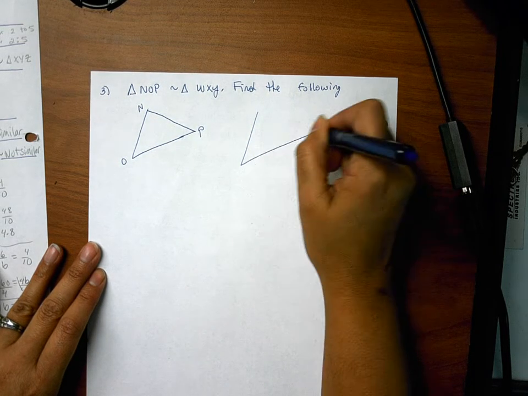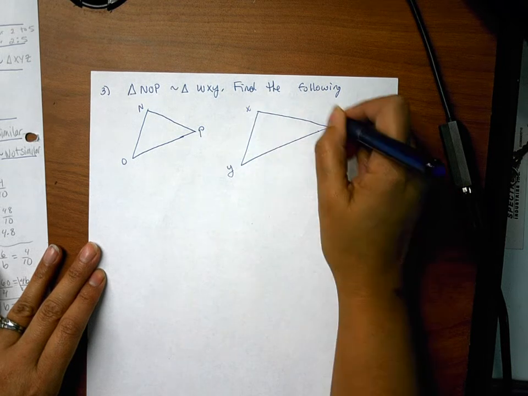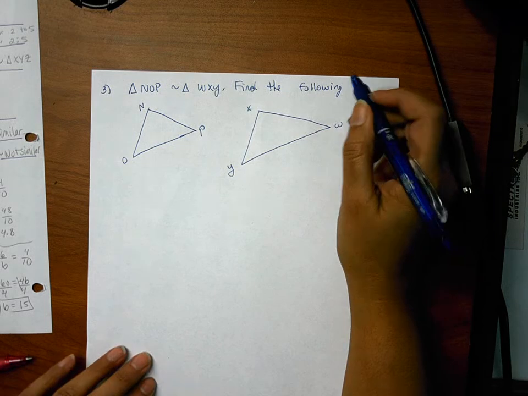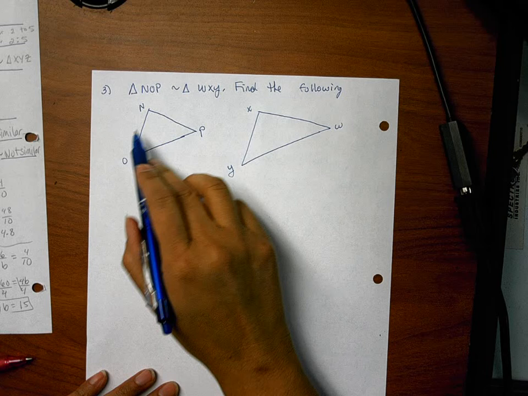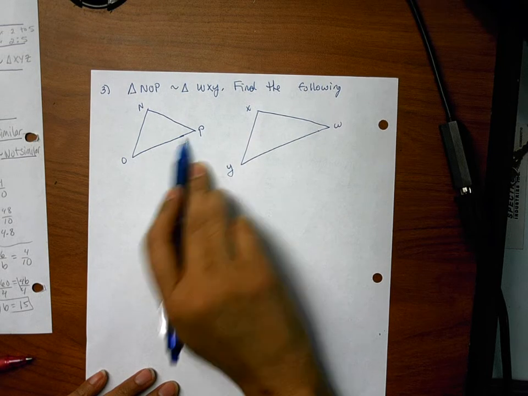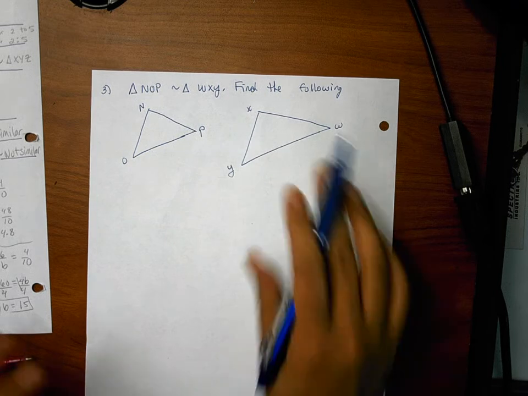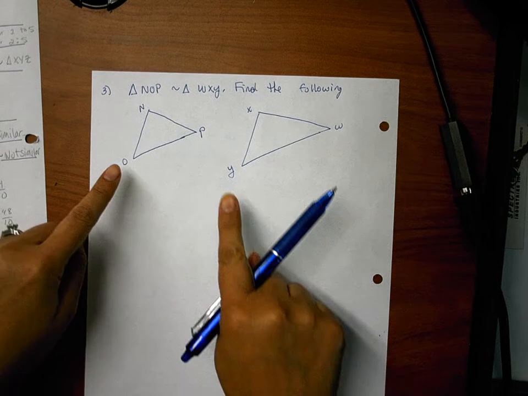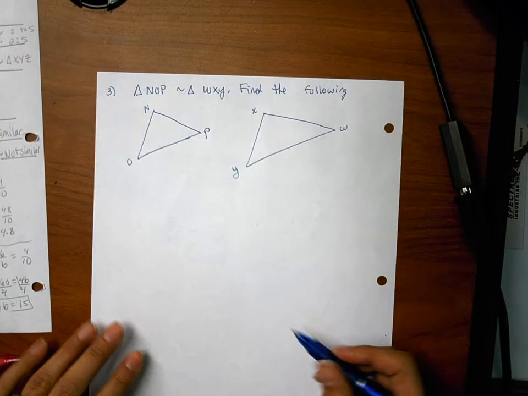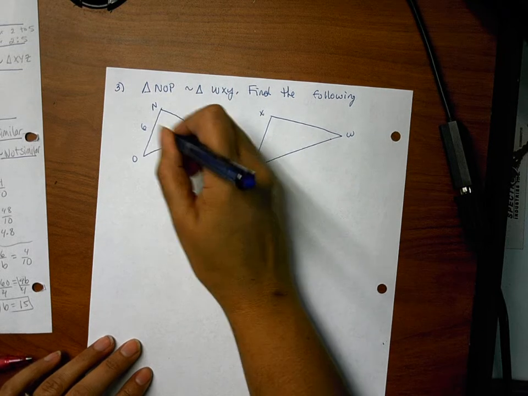ONP, YXW, and again there'll be pieces of information that will be given to you. Okay, so NOP is similar to WXY. You can see this one's been rotated, so you want to be careful because kids think they just match, and that's not always the case.